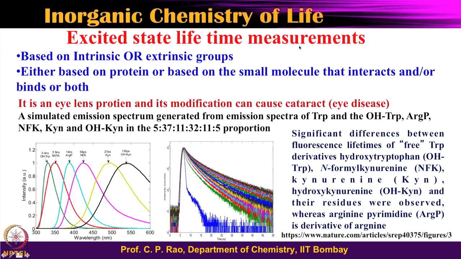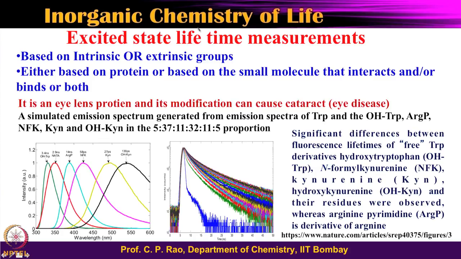Generally these lifetimes are in microseconds, nanoseconds, femtoseconds, all these kinds of things, so 10 power -6, -9, -12, -15, etc. So, in fluorescence they are there. In phosphorescence, of course, you know that they are in the milliseconds, even a fraction of a second to seconds as well.